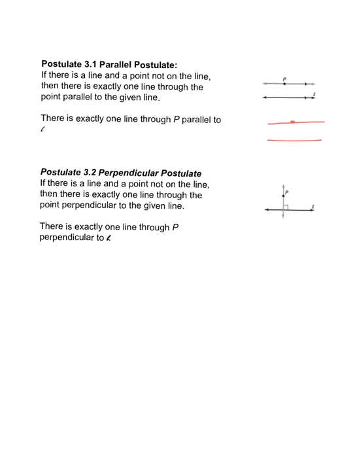If there is a line and a point not in the line, then there's exactly one line through that point that's perpendicular to the given line. So there's exactly one line through P that's perpendicular to L. In other words, if you have a line, we call that L, and we have a point P, there's only one line that we can draw through that point P that's going to be perpendicular to L. So it would look like that.